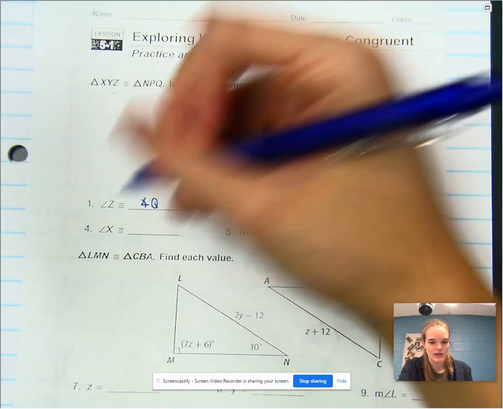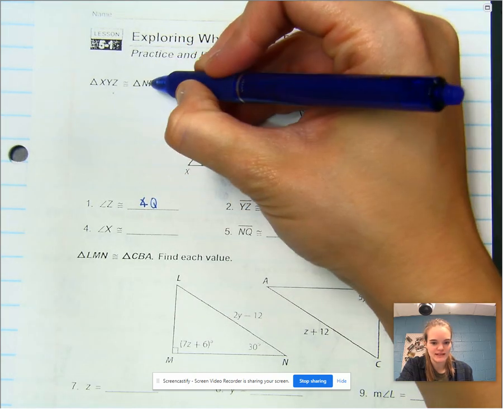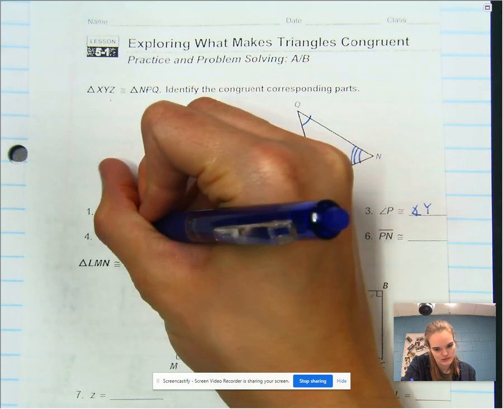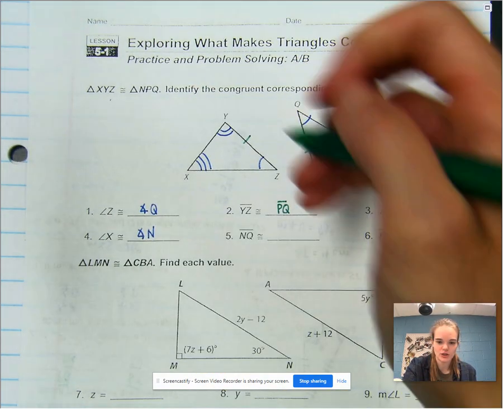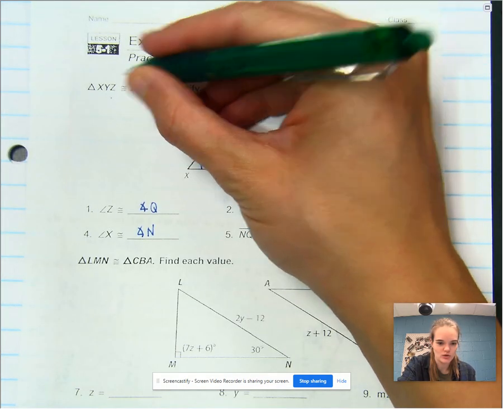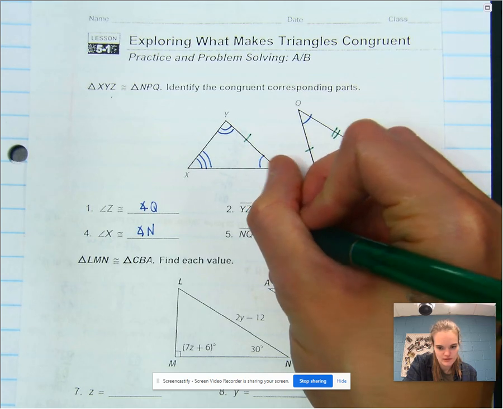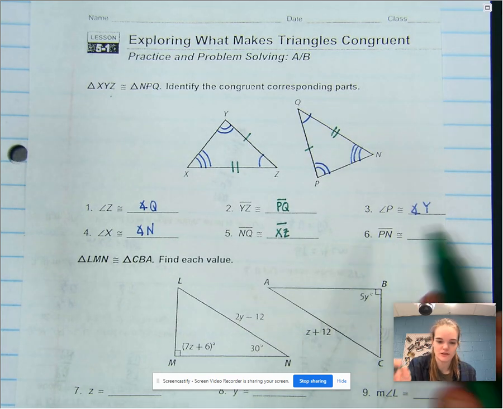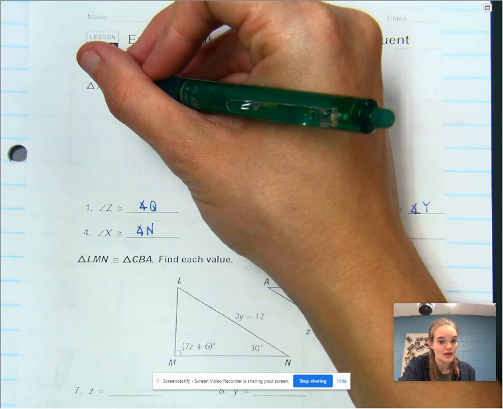Okay, angle X. 1, 2, 3. X and N are congruent. Right, NQ, N to Q, is congruent to X to Z. PN, P to N, that means Y, no, X to Y.